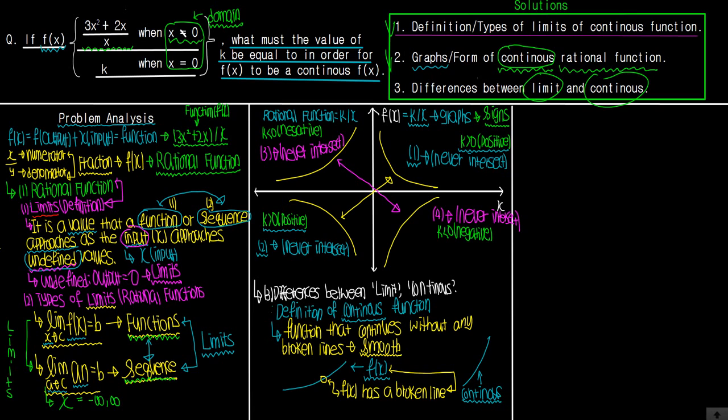So as we talked about the differences between the limit and the continuous, what we are going to do right now is actually go through our question. Before we think about it, we have talked about the types of our limits. Our function is f of x equals 3x squared plus 2x, all of them divided by x.